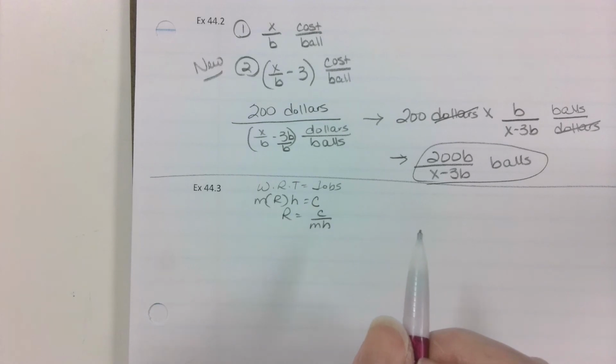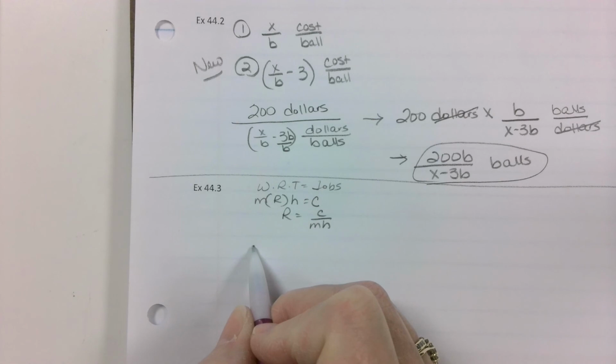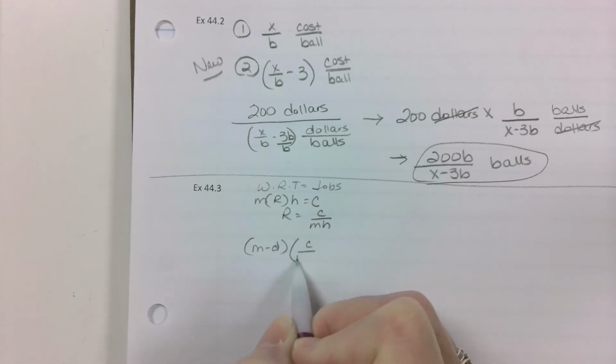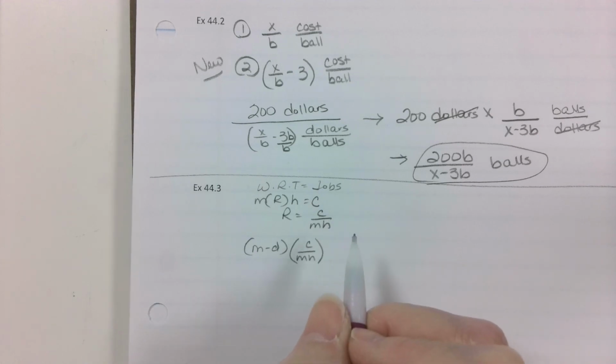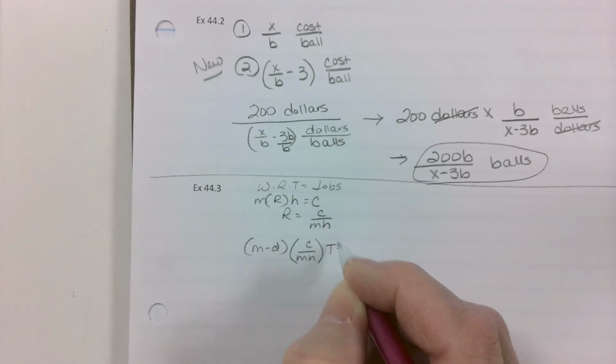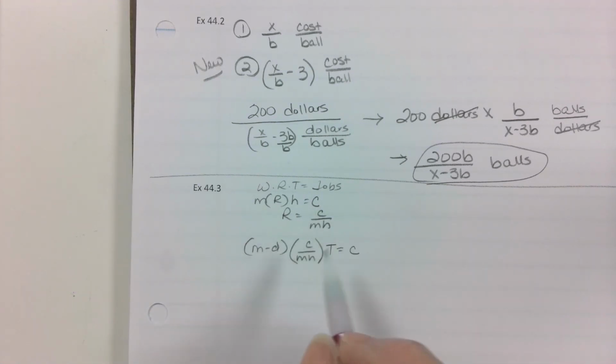It says if D workers quit, how many hours would the remaining workers have to work to produce the same number of articles? So D quit, so now you don't have M, you have M minus D. They're going to work at that rate, C over MH, and it says how many hours will they have to work, so I don't know time, and I want to produce the same number of jobs, which is C articles. So this is C times this over this.